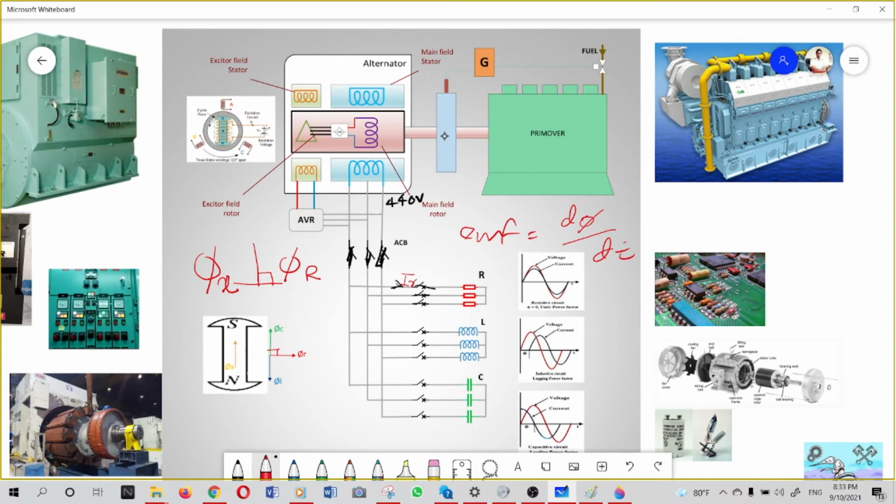So that means it will cause a reduction in the speed of the prime mover. So the flux cutting rate will be affected. The governor is monitoring, sensing the speed of the rotor.